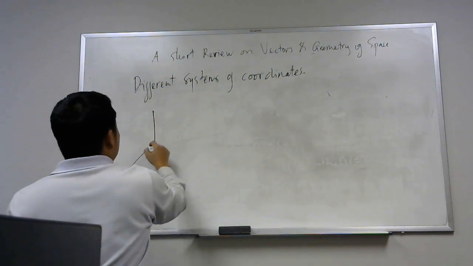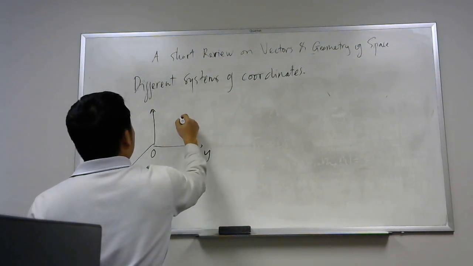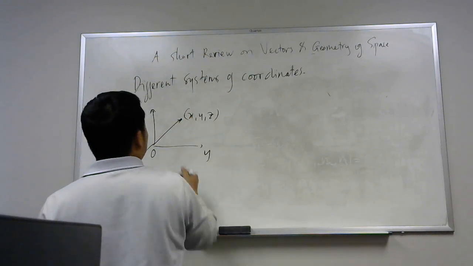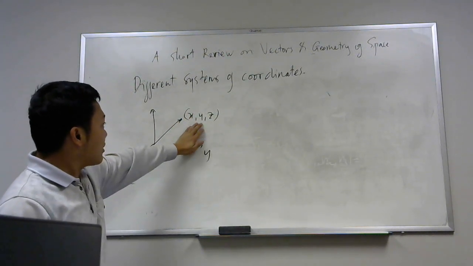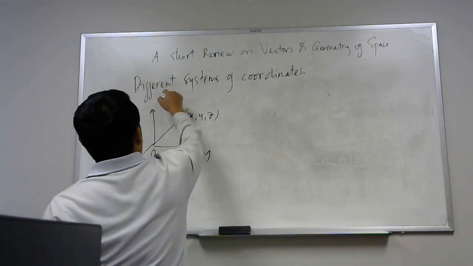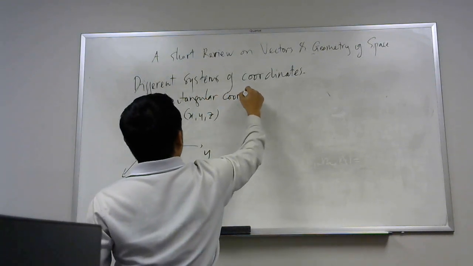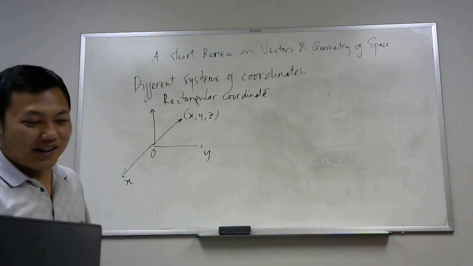Usually we have x, y, and z, and for each point or each vector we have 3 numbers. These coordinates are called rectangular coordinates, because it's just rectangular.